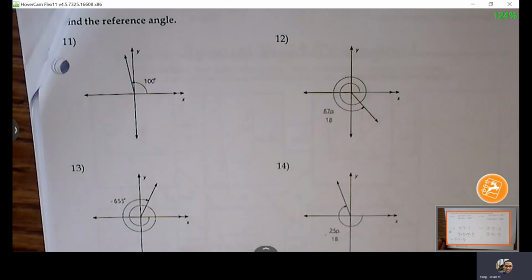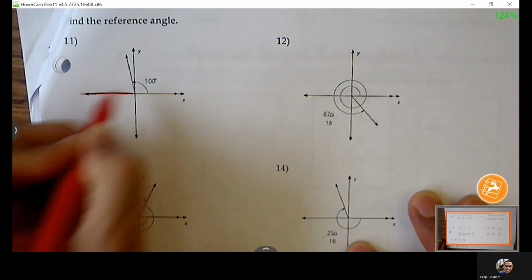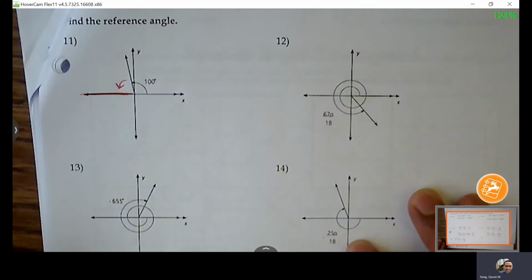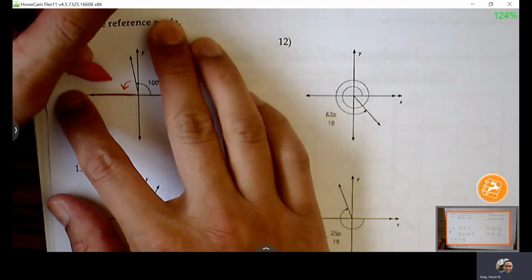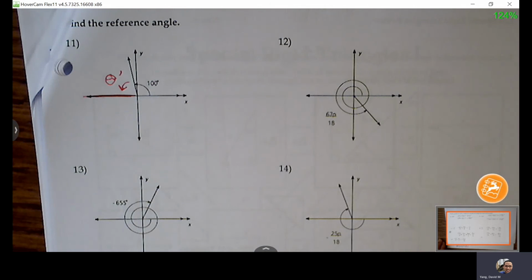So if your angle is in the second quadrant, you want to find the angle measure with the closest x-axis. Ultimately, I'm looking for a reference angle that is going to be between 0 and 90. And the only way I can do that is if I subtract 100 from 180.